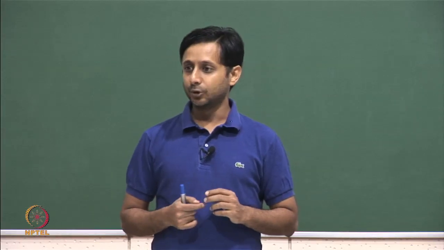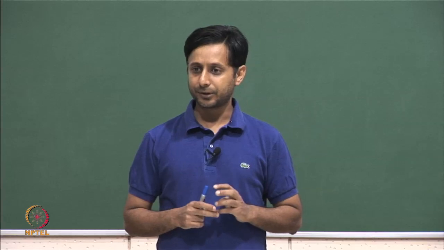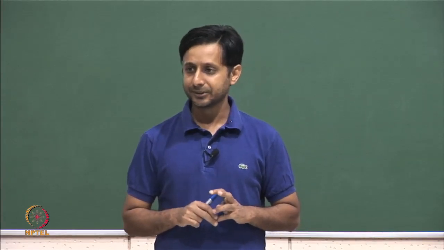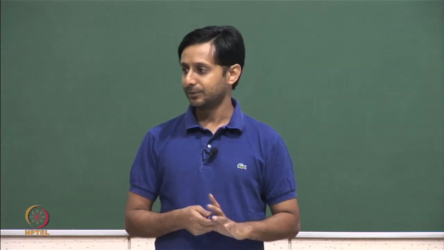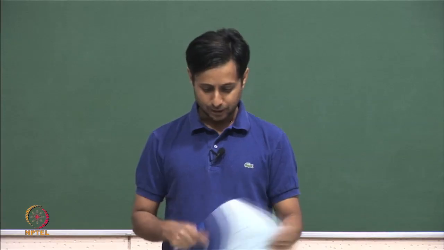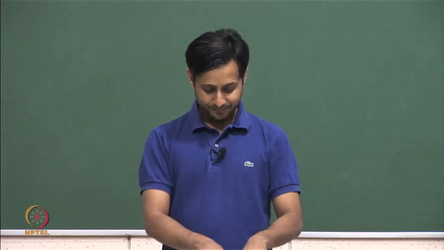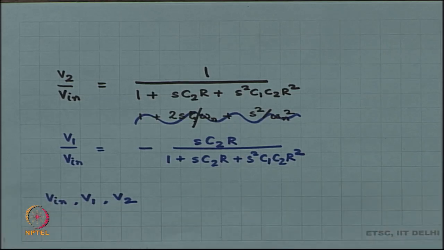There might be zeros in the numerator polynomial. If you try to place zeros in the numerator, then you will have to work with the numerator polynomial as well, but you understand how to work with the numerator polynomial. All you have to do is add weight and add V in, V1 and V2. And that will get you the zeros.